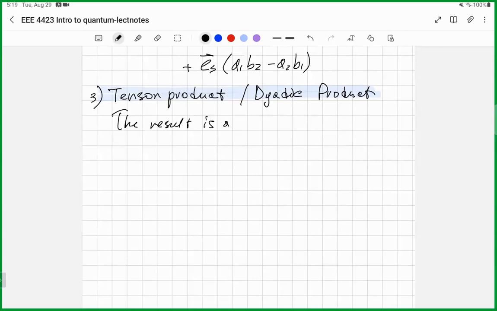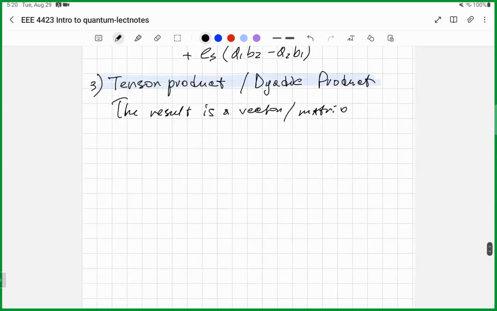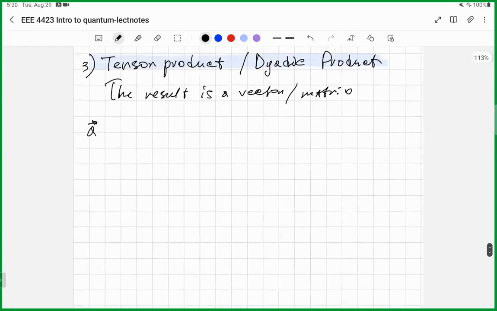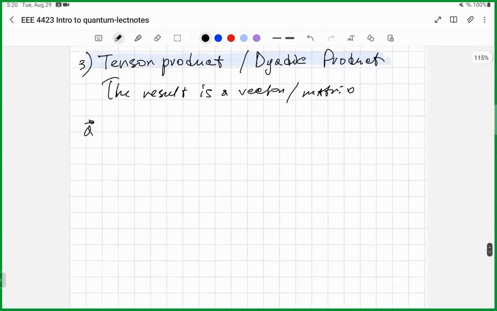The result is a vector slash matrix, because the tensor product creates a vector, the dyadic product creates a matrix. The way we denote a tensor product is this little circle with the cross inside.